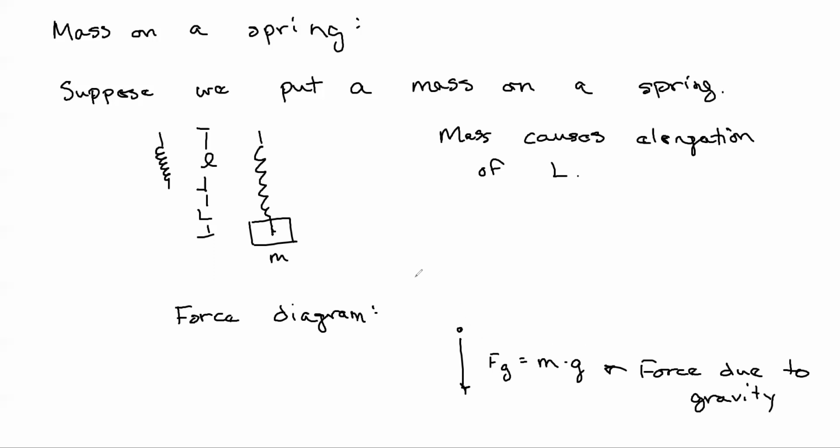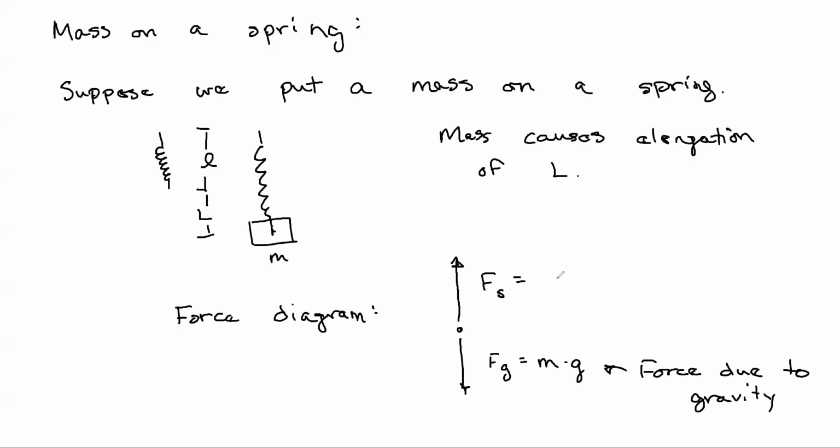Acting opposite that, the mass doesn't just keep falling, instead it's held in place. So that must mean that there is a counterbalancing force from the spring. The force from the spring is governed by Hooke's law, which tells us how much force it takes to stretch the spring.